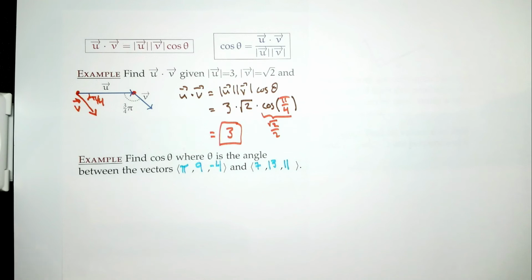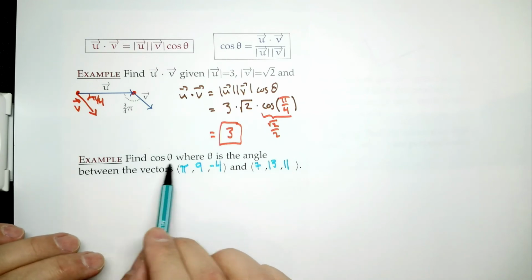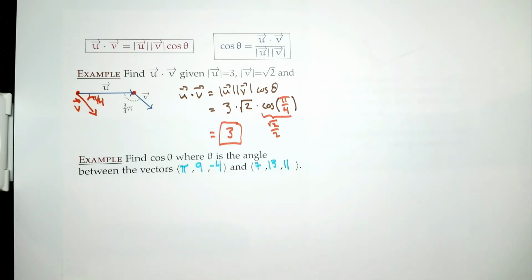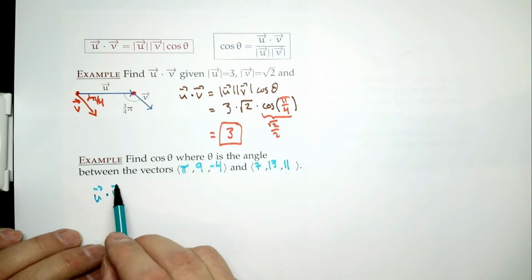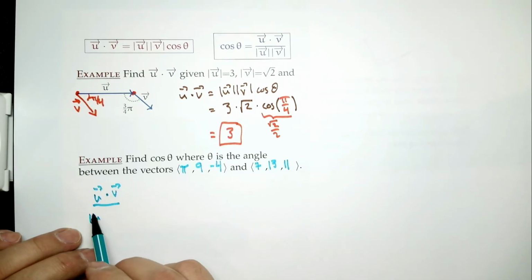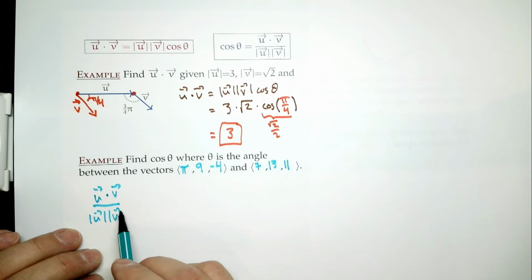Okay, so cosine theta. Now notice we're looking for cosine. That's cool. All right. So what do I need to compute? Dot products and magnitudes. Okay, so we're going to look at u dot v over magnitude of u, magnitude of v.